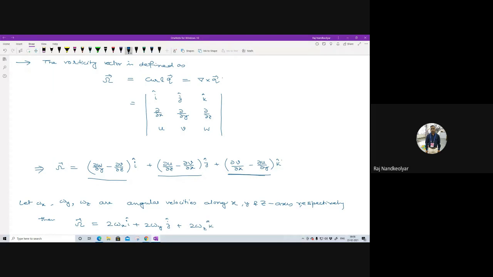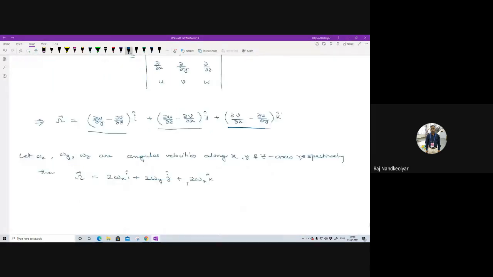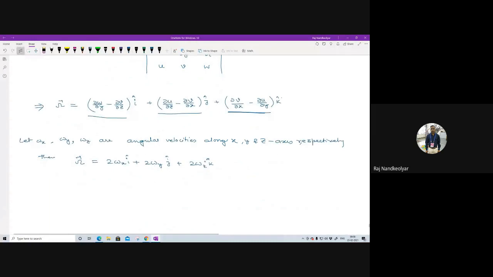If you want to write it as a vector, you can write it as 2 times omega vector, where omega vector is omega x, omega y, omega z.